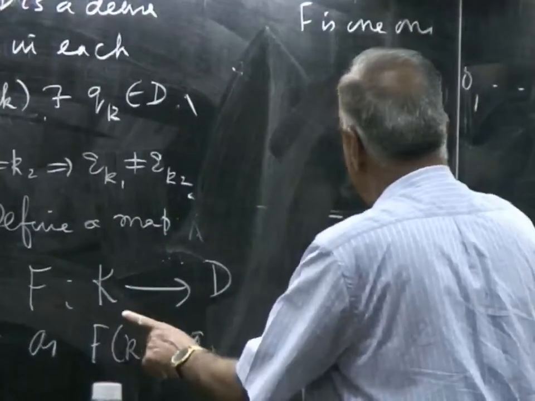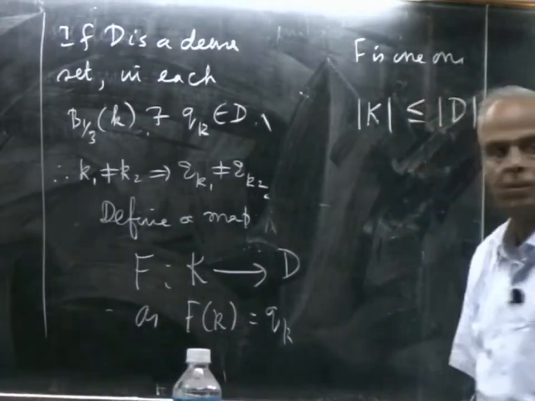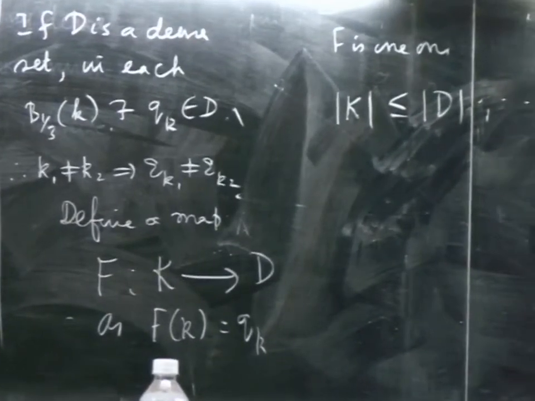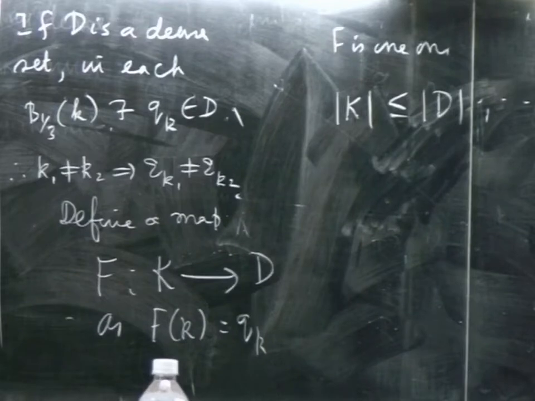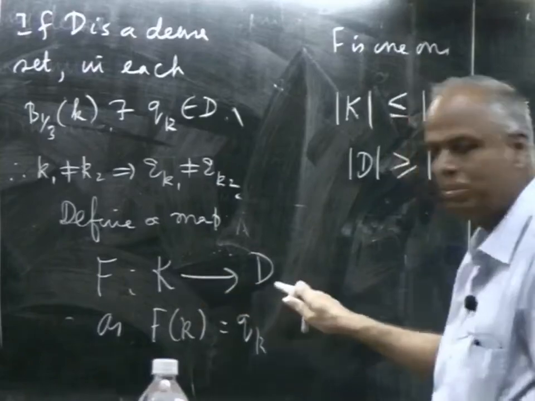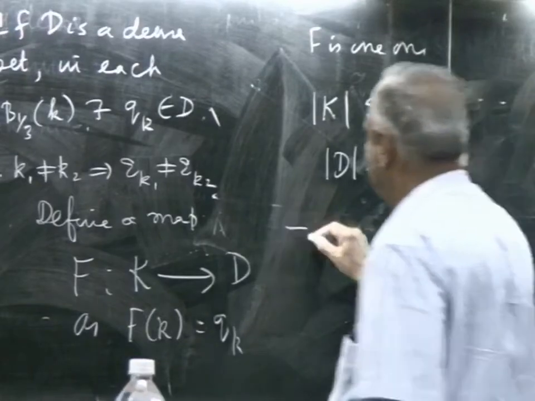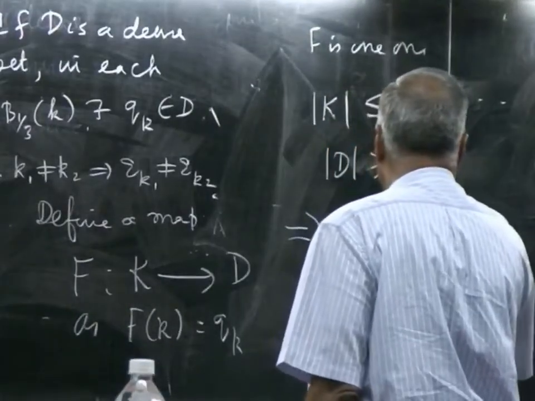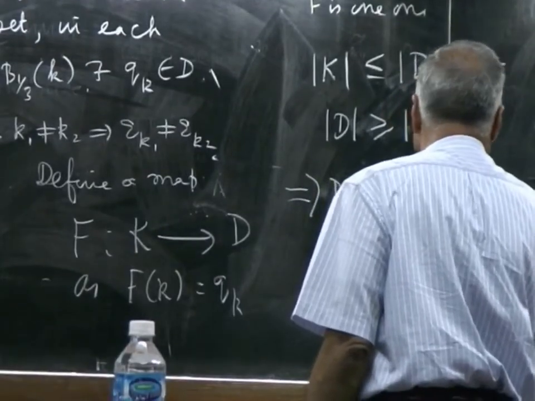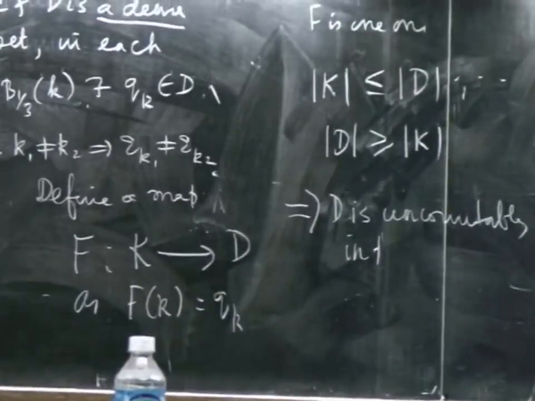If you have a 1-1 map, then the size of K is less than or equal to the size of D, since everything in K can be packed in D. K is already uncountably infinite, and therefore D must be uncountably infinite. So if you have a dense set, it must be uncountably infinite.